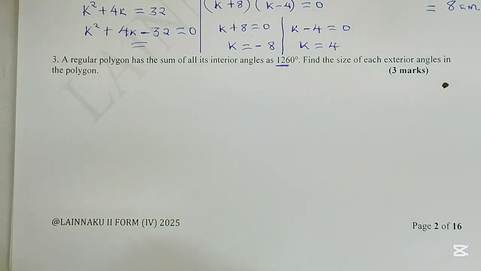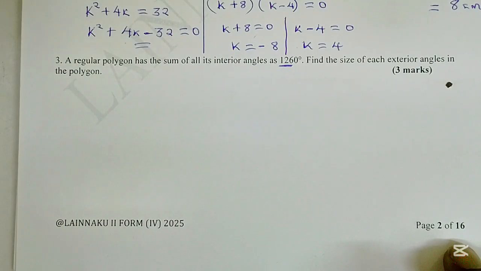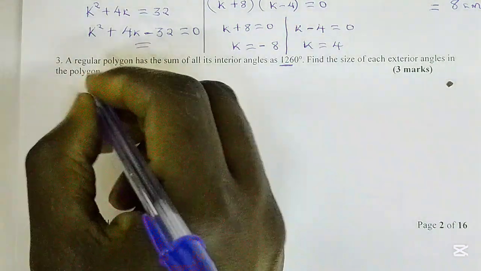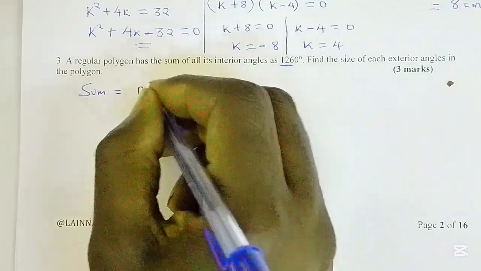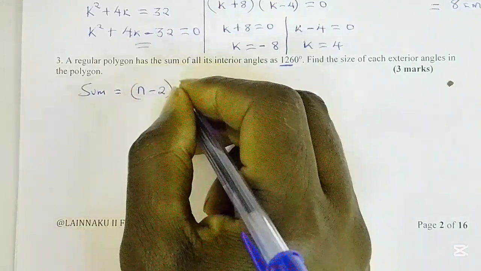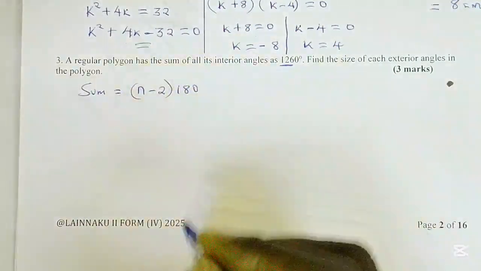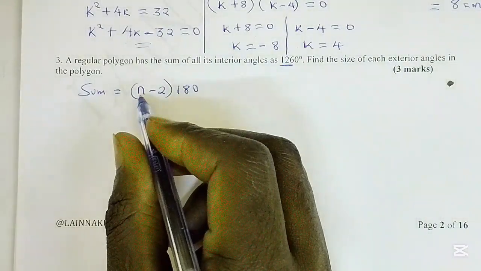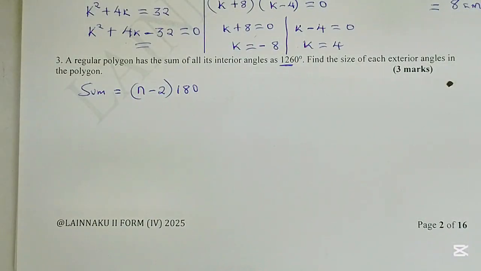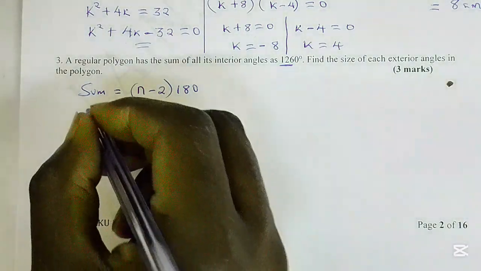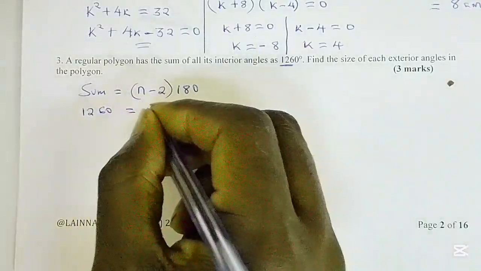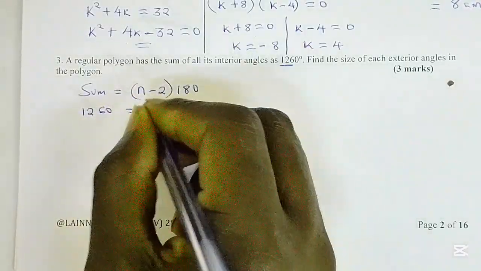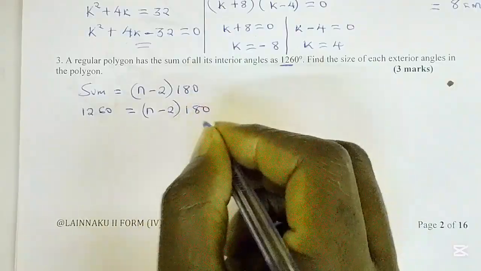Now, it's upon the learner to know that for any polygon, the sum of interior angles is given by the formula n minus 2 multiplied by 180, where n represents the number of sides. So in this case, 1260 is equal to n minus 2 multiplied by 180.